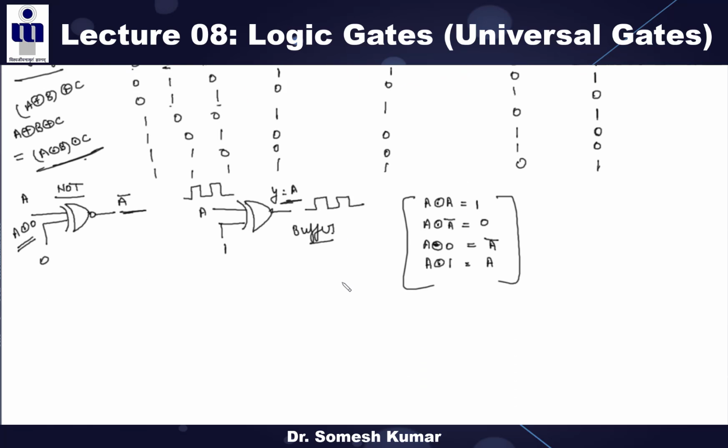This XNOR is also called the coincidence logic circuit. It is asked various times in the exam. Which circuit is called the coincidence logic circuit? XNOR is called the coincidence logic circuit, or it is also called the equality function.